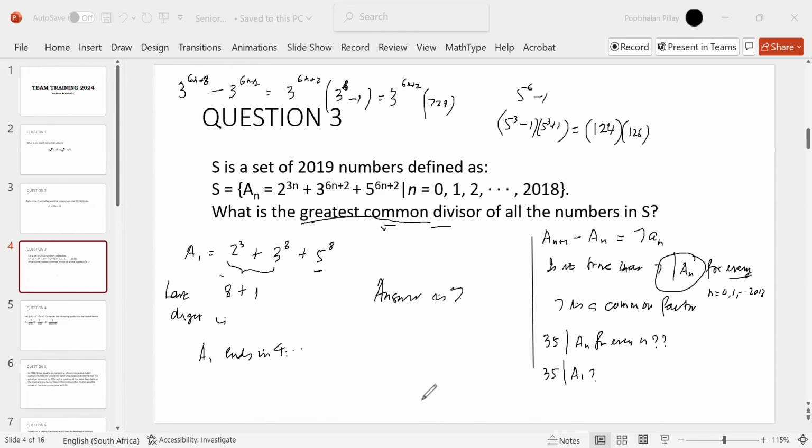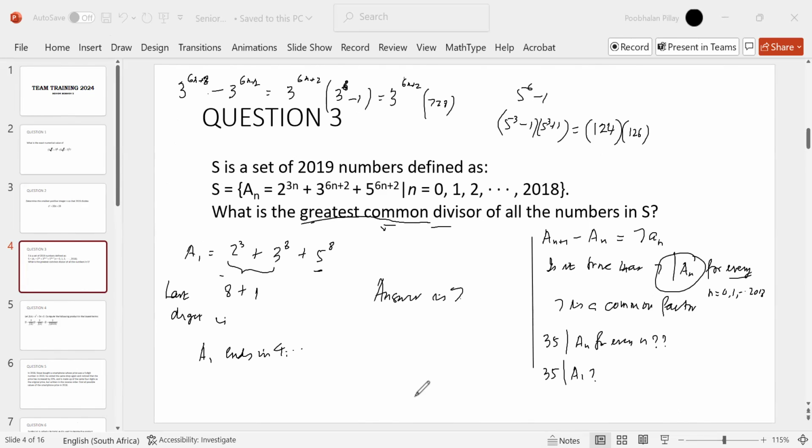You know what the problem is? A1 is going to be a very large number, but it doesn't really matter. All you have to do is find out which is the highest common factor and try to see whether 7 or 35 or 5 goes into that number. Certainly 35 and 5 don't go into that. You can try 7.